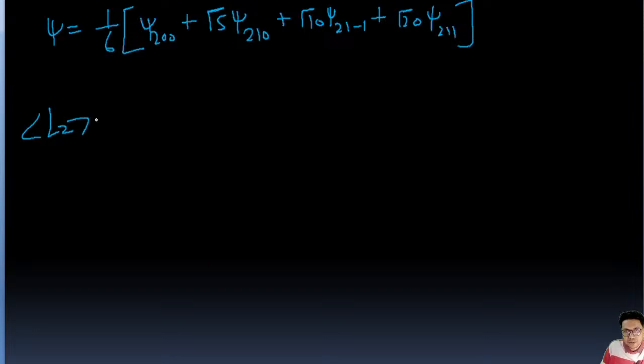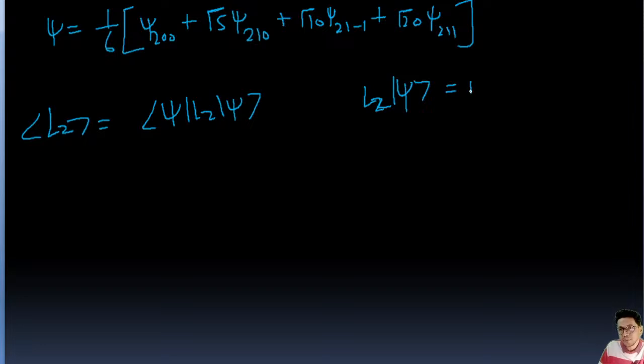So the expectation value of Lz is going to be psi Lz psi, because this is a normalized wave function. Now we know here, if we operate Lz with psi, this is going to give m h cut psi, where these are n, l, m.